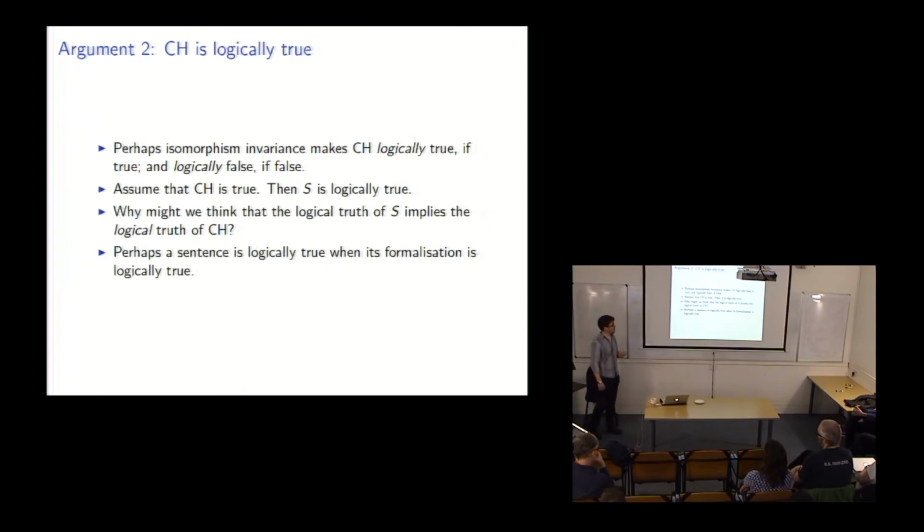Whereas S, that was a sentence of logic. S is going to be logically true if the continuum hypothesis is true. So if S is the formalization of the continuum hypothesis, we might think the continuum hypothesis is logically true. That's the way this worry might go.